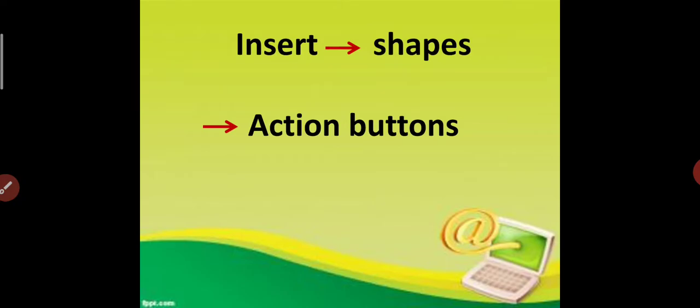Same as earlier: insert tab, choose option shapes. Within shapes you have one category, action buttons. In that category there are different buttons. Which one you want to insert in your slide, you can choose and insert on your particular slide.